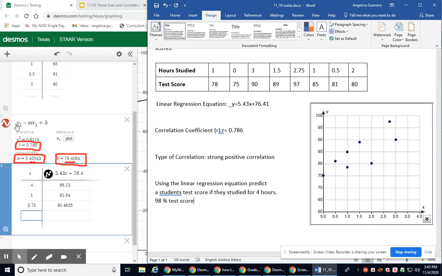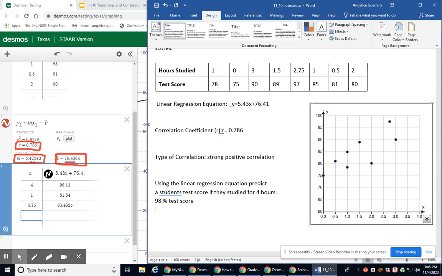Make sure that you go back and watch the notes or use the click sheets to type this in and find your correlation coefficient and write the equation. Make sure you're identifying the type of correlation, whether it's positive, strong positive, weak positive, strong negative, or weak negative correlation. And then use your equation to make a prediction.